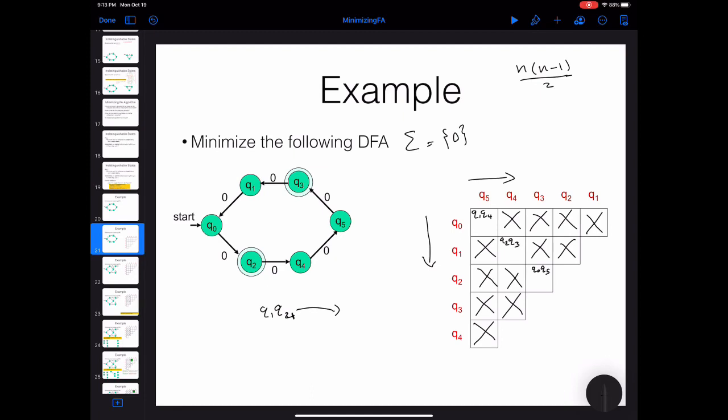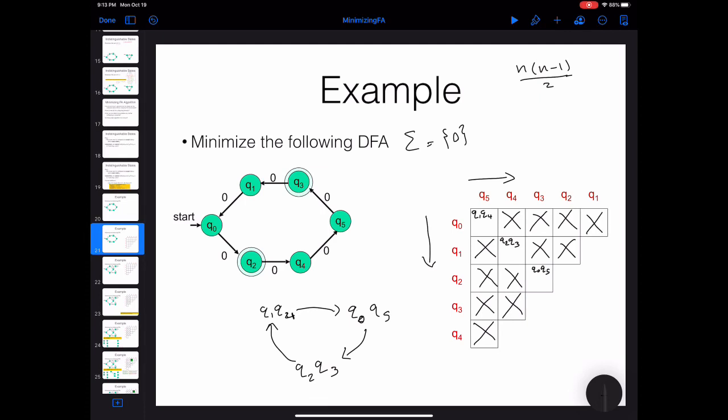Q1 and Q4 is going to depend on the equivalency of Q2, the equivalency of Q0, Q5. The equivalency of this pair is going to depend on the equivalency of Q2 and Q3, and the equivalency of Q2 and Q3 is going to depend on Q1 and Q4.